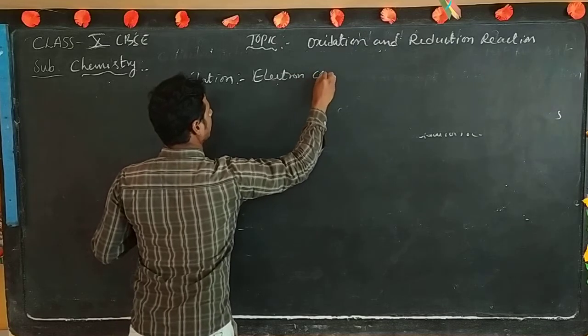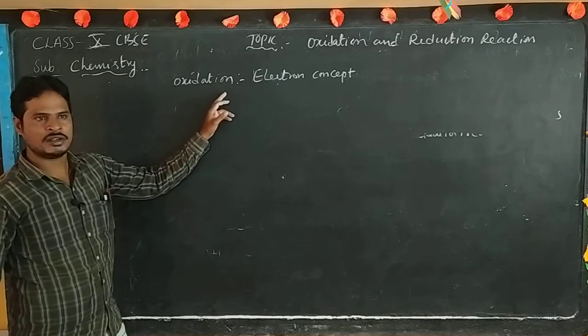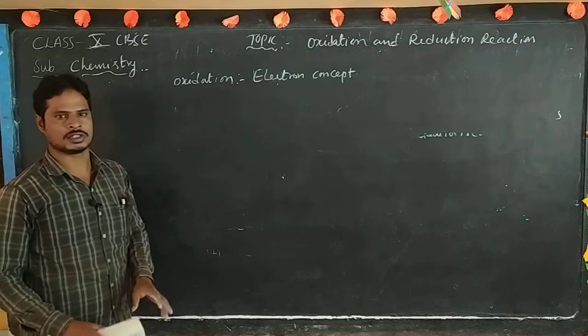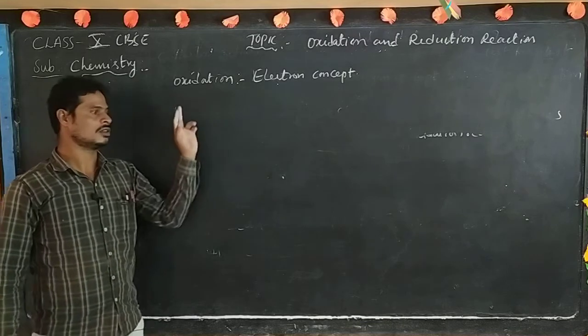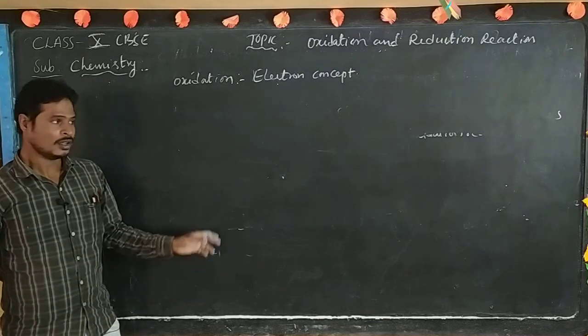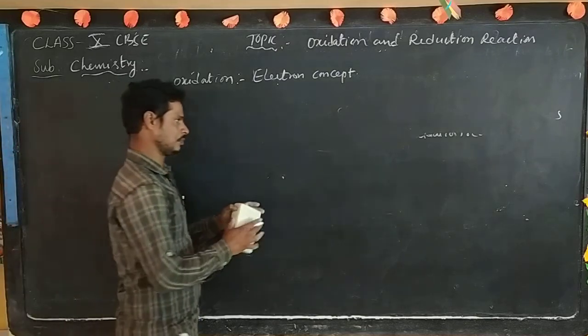electron concept. Oxidation explained based on the electron concept. Here, a substance losing electrons is called oxidation. Simply, loss of electrons is called oxidation.